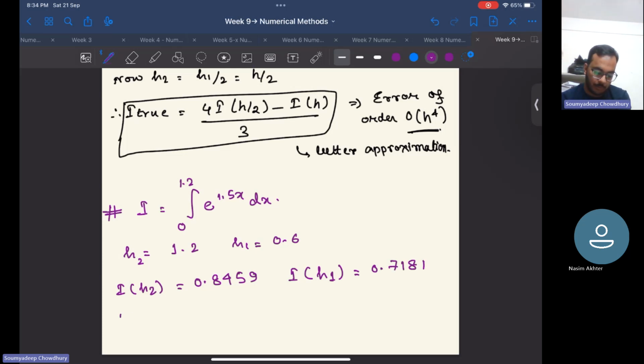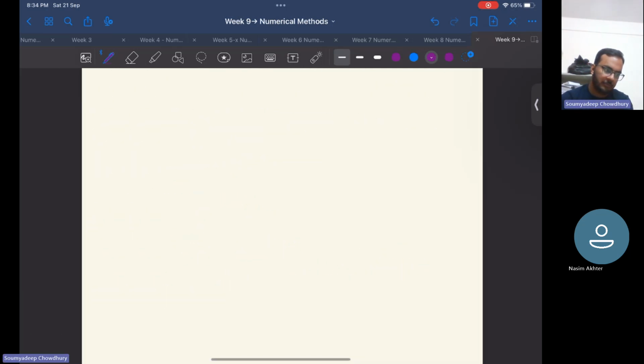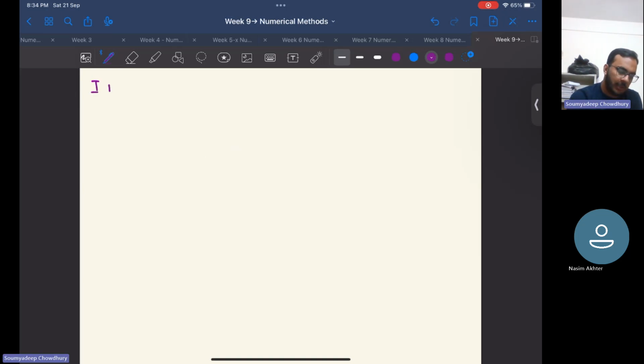So now, using your Richardson extrapolation, you see what will be your I now. I true is 4 I of 0.6 minus I of 1.2, divided by 3.